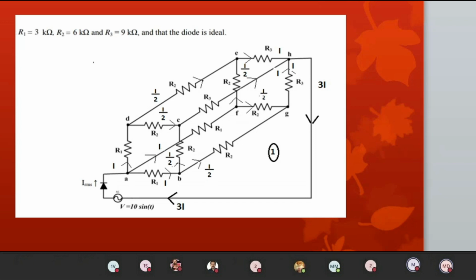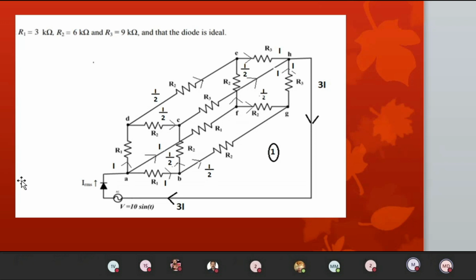You should know how to attend with out of box thinking. These problems require some brainstorming. You can notice that you have three different resistance values, but the paths through which the current flows have the same resistance. So try to solve such interesting problems.